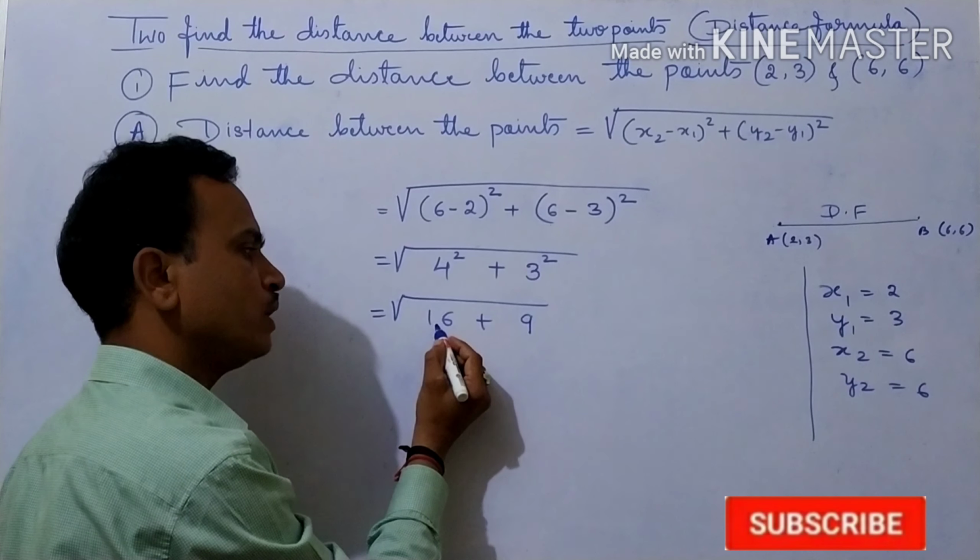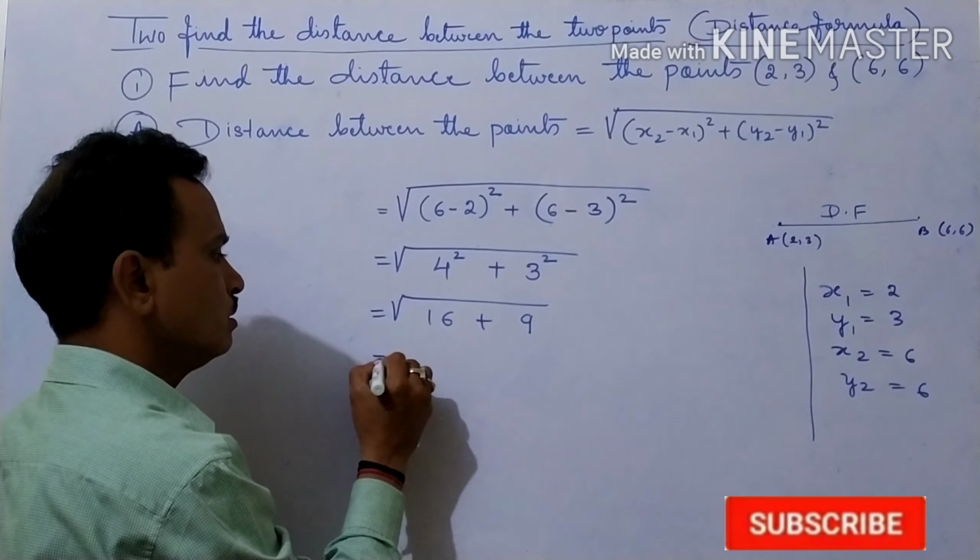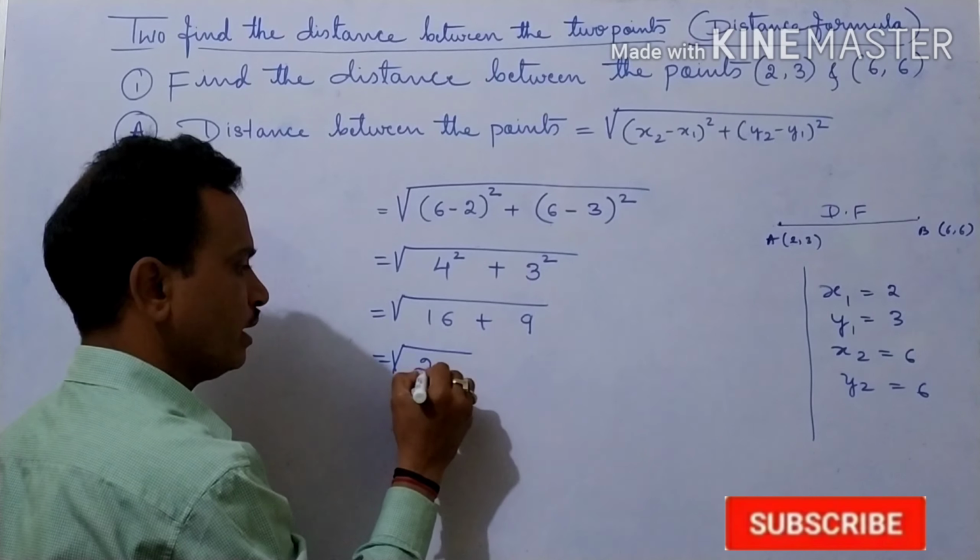Now add these two values, 16 and 9, so that is 25.